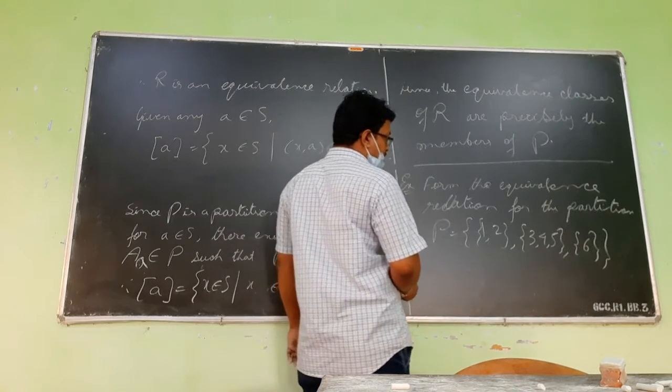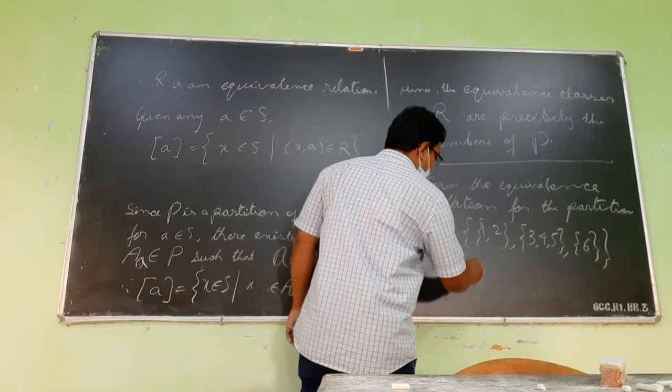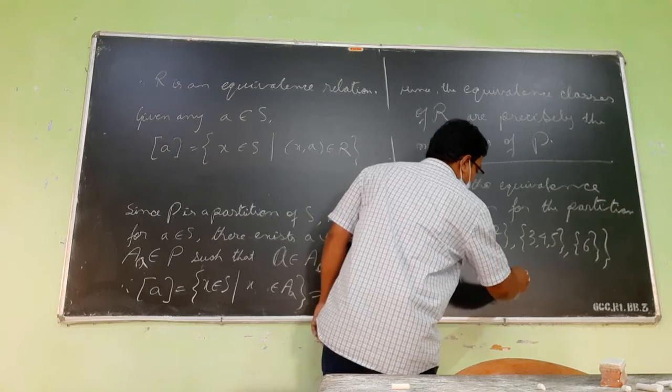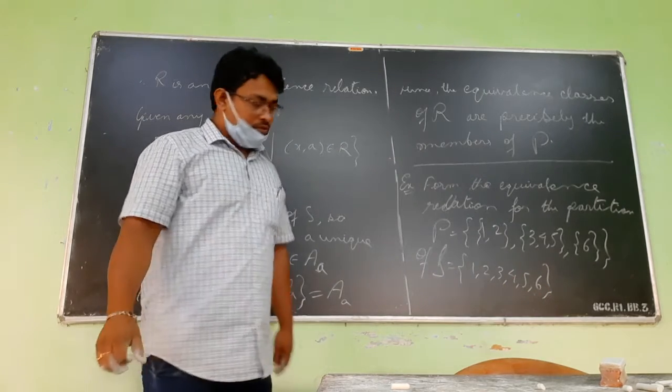Form the equivalence relation for this partition of the set S equal to {1, 2, 3, 4, 5, 6}. So try to see.